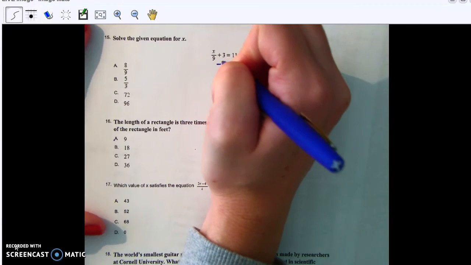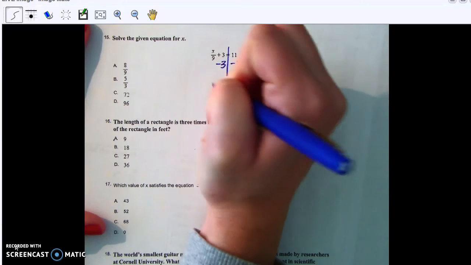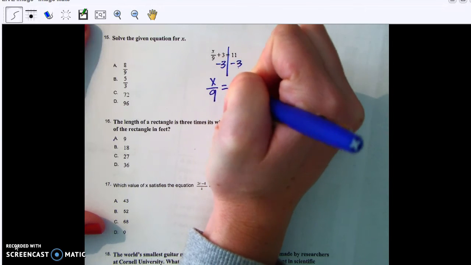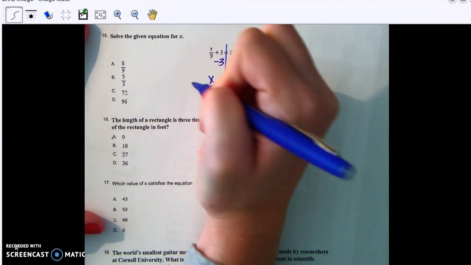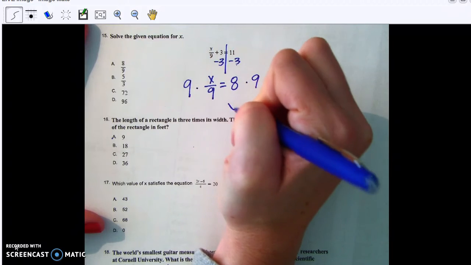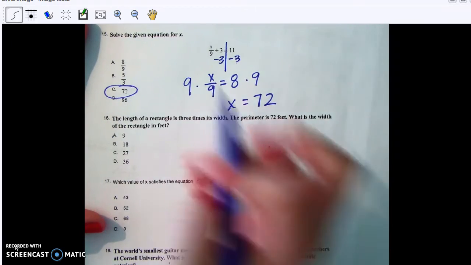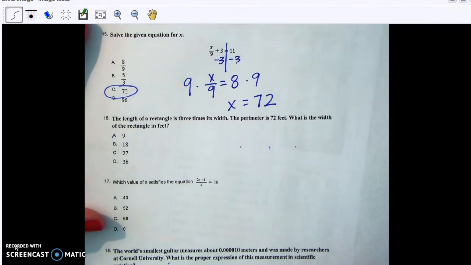So the first thing I would do is subtract 3 from both sides. So x divided by 9 is equal to 11, 10, 9, 8. Now the inverse of dividing by 9 is multiplying by 9. So x would have to equal 72. You could also plug all these in and check.